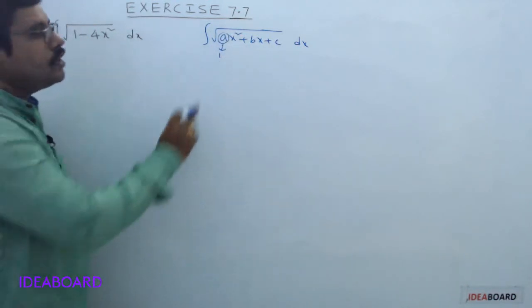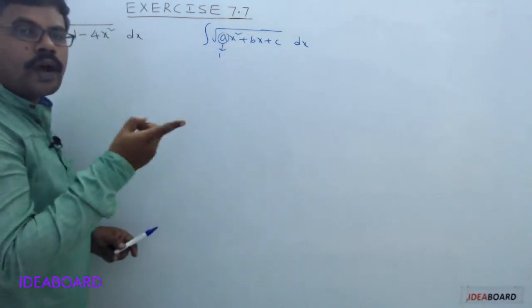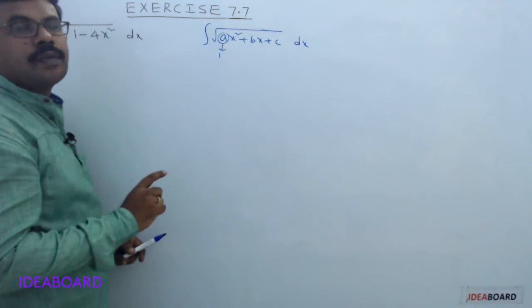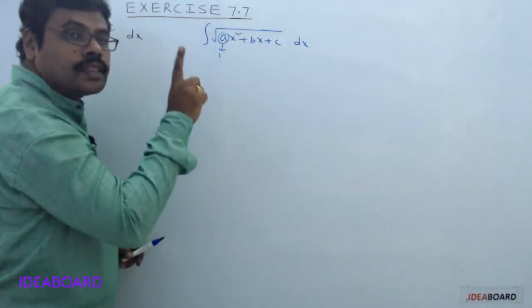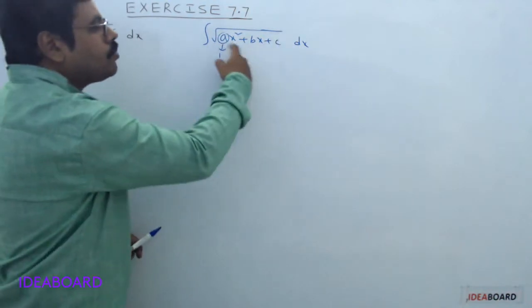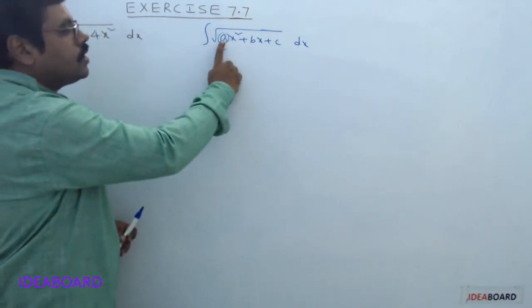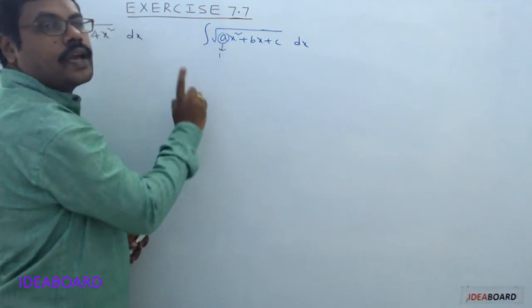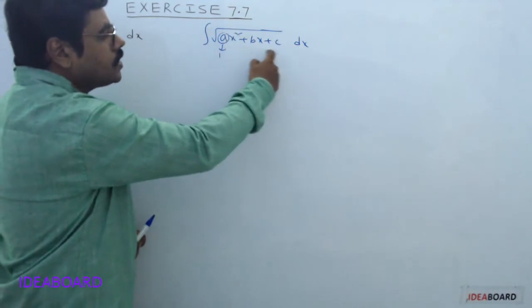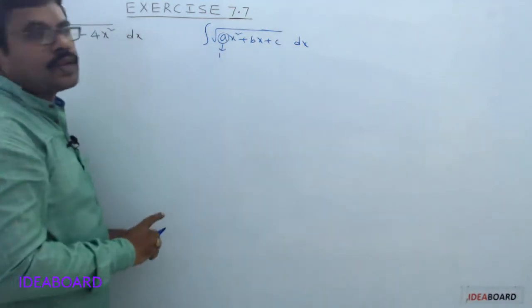After making the x square coefficient unity, whatever the remaining expression is inside the root function, make that expression a perfect square.